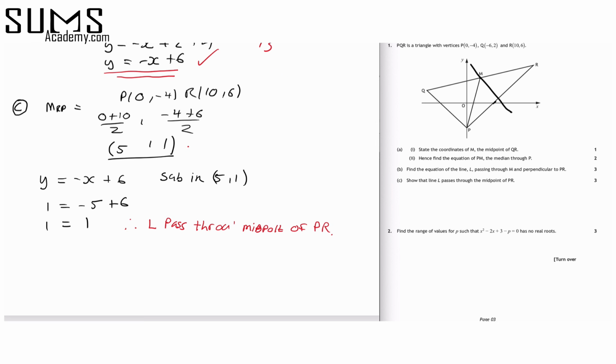You get 1 mark for finding the midpoint, 1 mark for substituting in (5, 1) into the equation of L, and 1 mark for proving that L passes through the midpoint. Perfect.